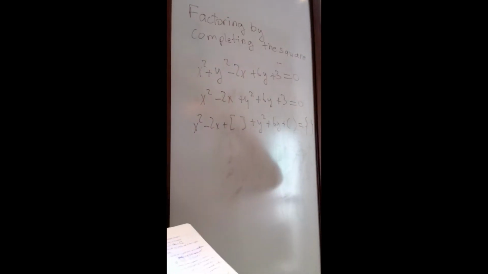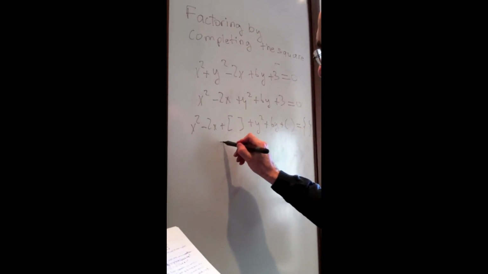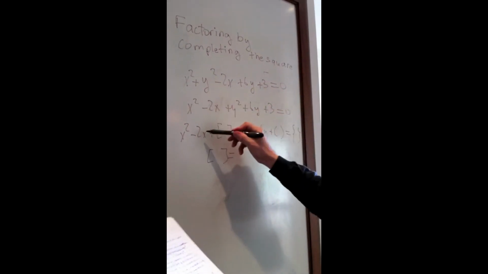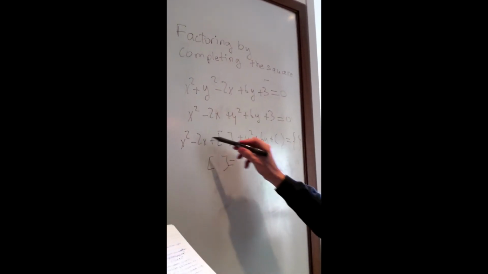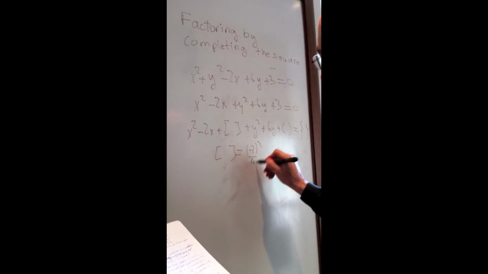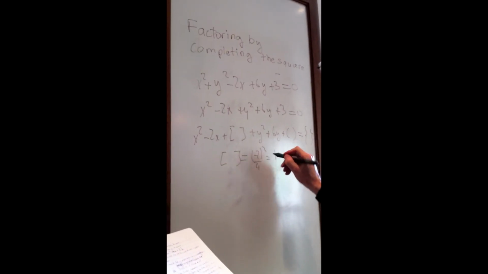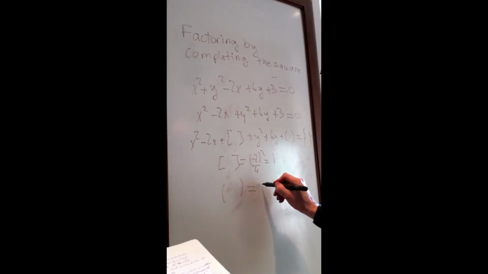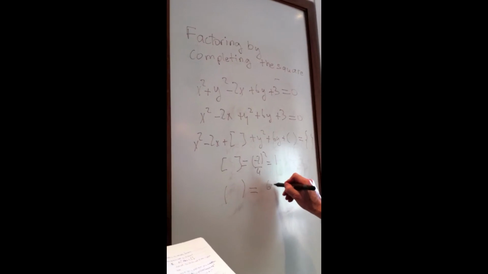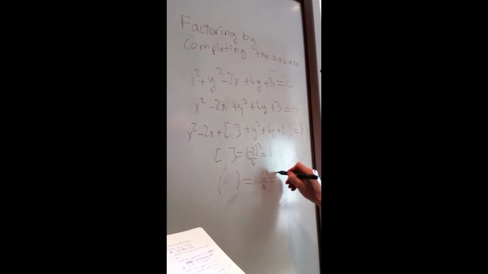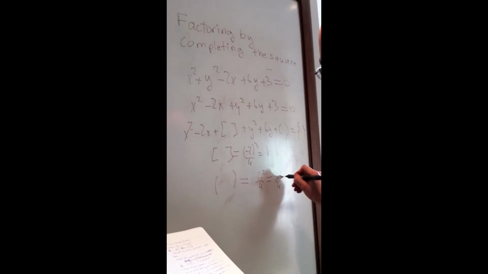By applying what we learned before, we find that this should be equal to b squared over 4, which is going to be minus 2 squared over 4, or 1. What goes in parentheses becomes 6 squared over 4, or 36 over 4, or 9.